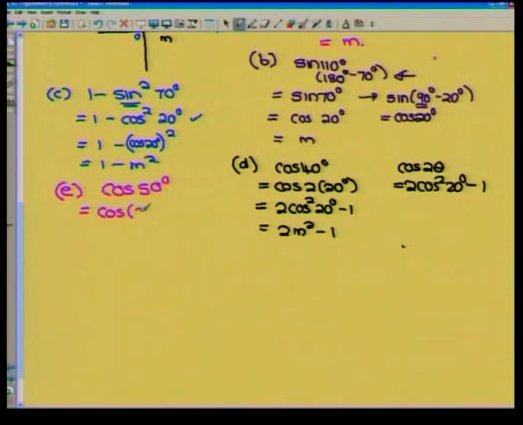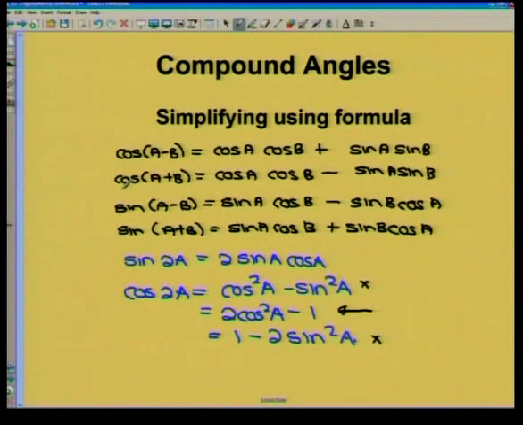So I could go along here and say this is the same as saying the cos of 30 degrees plus 20 degrees. And the moment I do that, I go to this one over here, and I can see that this would be the formula I would choose to use. Because here I can expand now, separating the 30 and the 20, which is a good idea, because the 20s I can use my drawing for, 30 is a special angle.